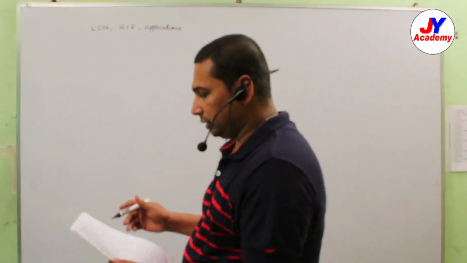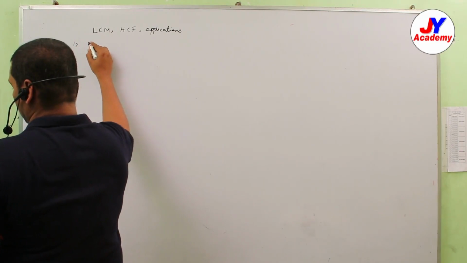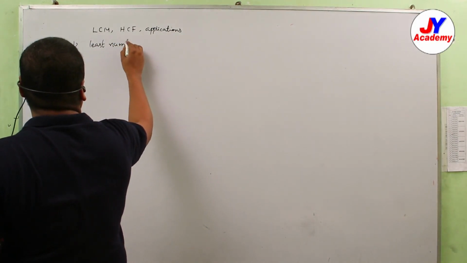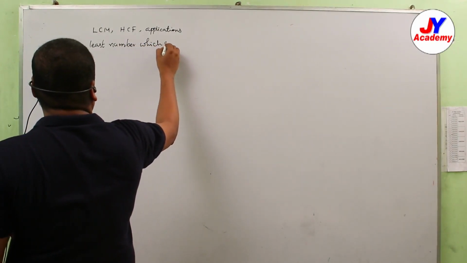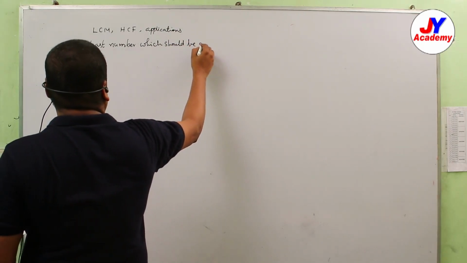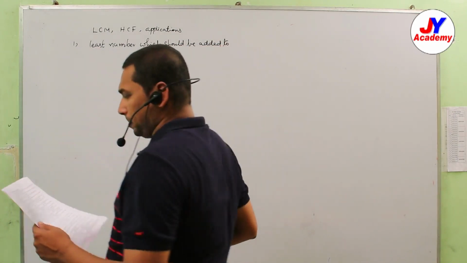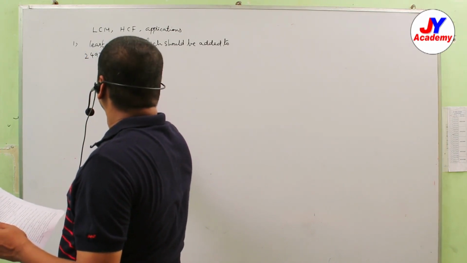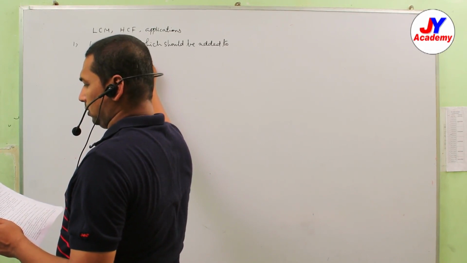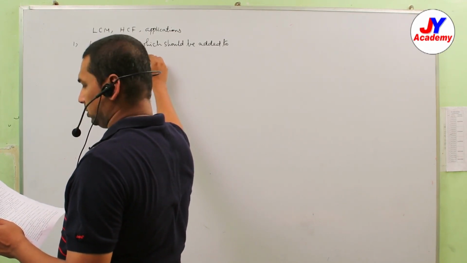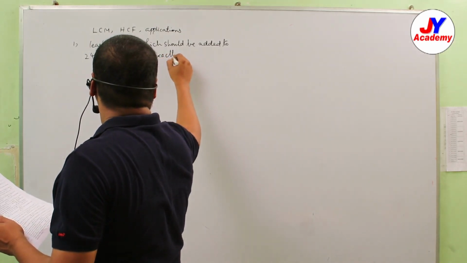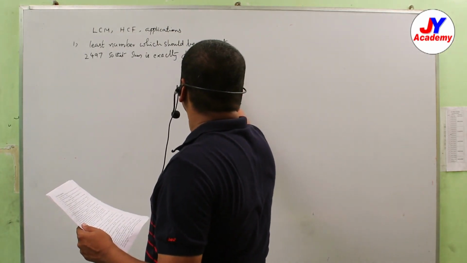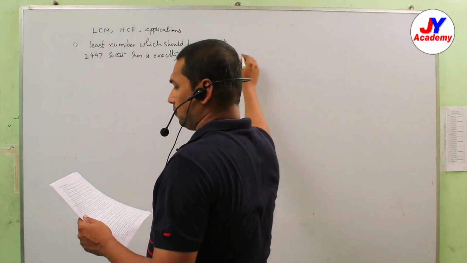Suppose, see, the least number which should be added to 2497, so that the sum is exactly divisible by 5643.